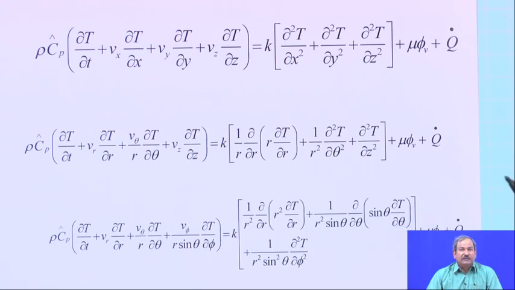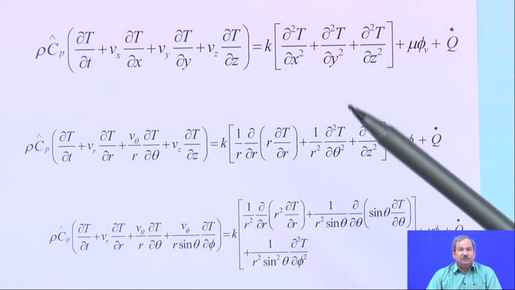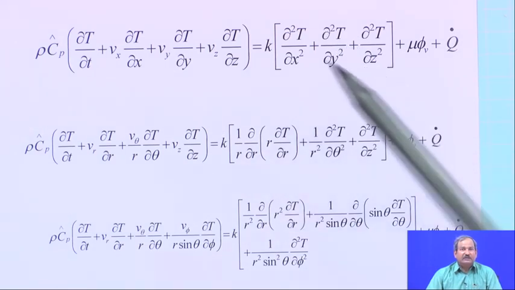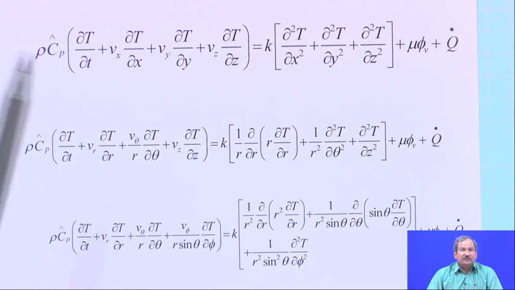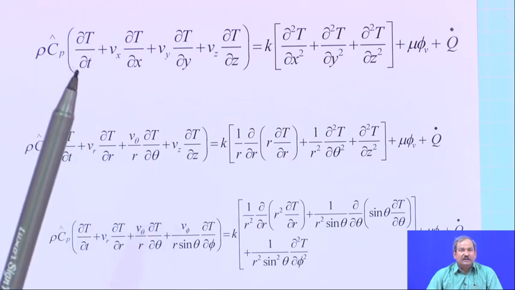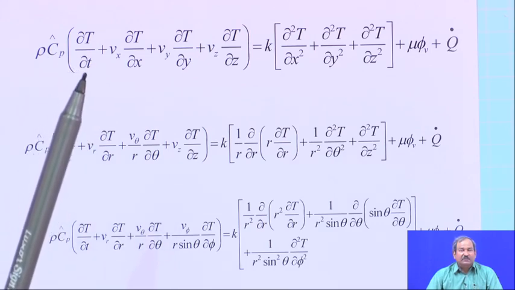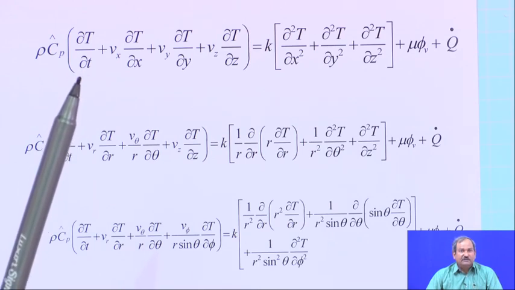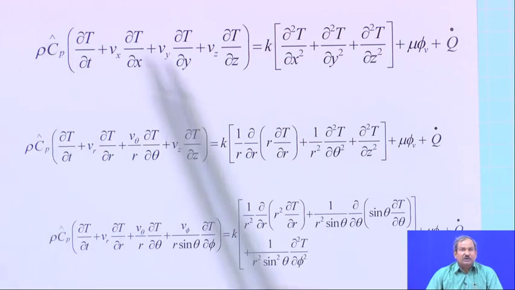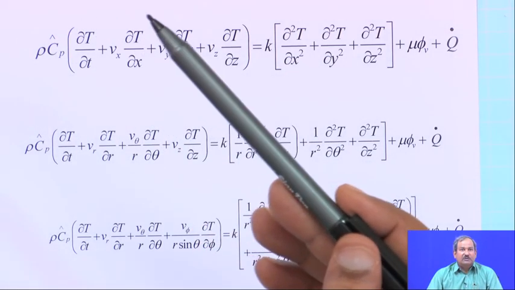So, if I take the first equation, which is the energy equation in the Cartesian coordinate, what you see as the first term on the left hand side, this del temperature by del time simply refers to the transient nature of the process. Had this been a steady state process, this first term would obviously be equal to 0.